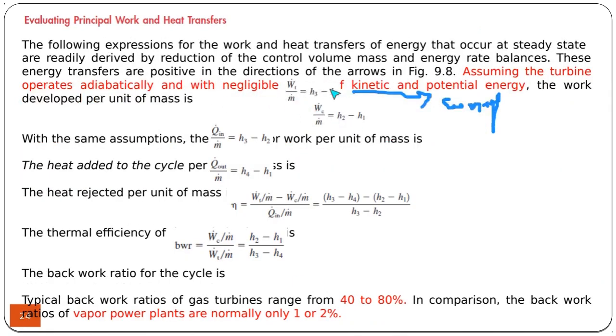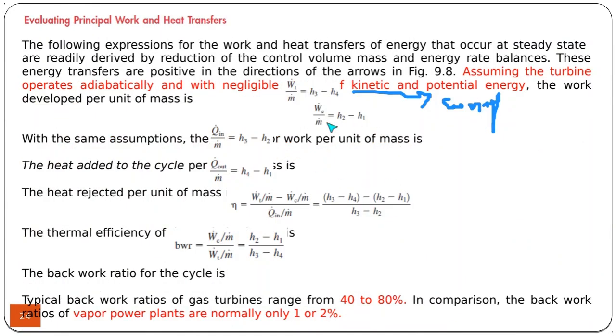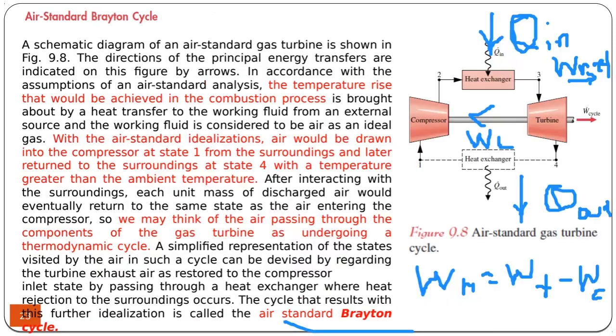And turbine work is H4 minus H3. So this is the turbine work. Heat addition is H3 minus H2, and heat removal is H4 minus H1.